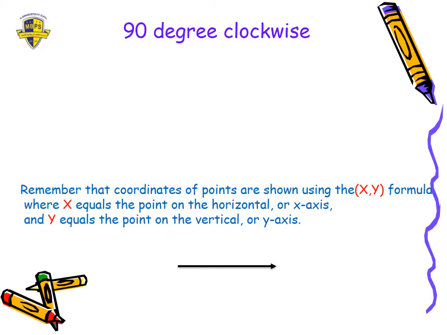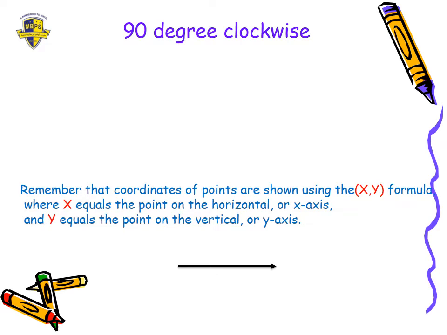And here, grade 5, we are going to learn the rule to rotate any shape 90 degrees clockwise around the origin. Before we start, let's remember how to describe any point on the coordinate plane. We use the formula x, y.